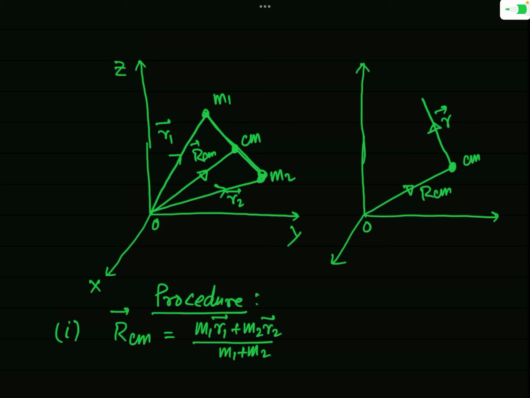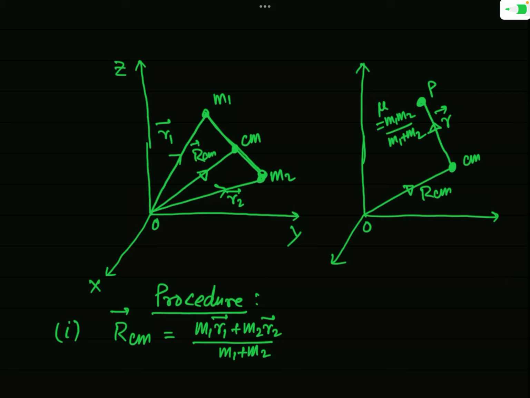Imagine that at this point, whose position vector is R with respect to the center of mass, there is a point mass equal to mu, where mu is equal to m1 m2 divided by m1 plus m2.